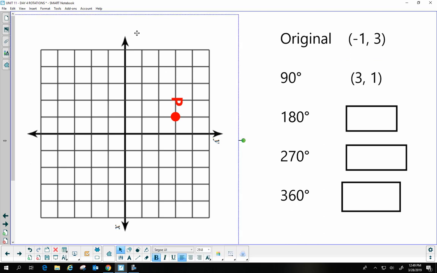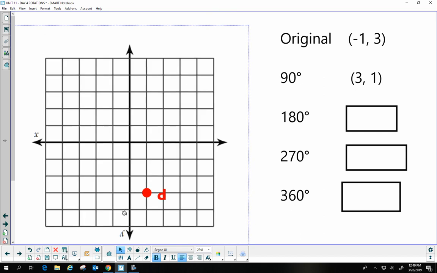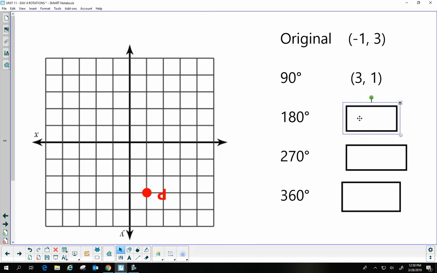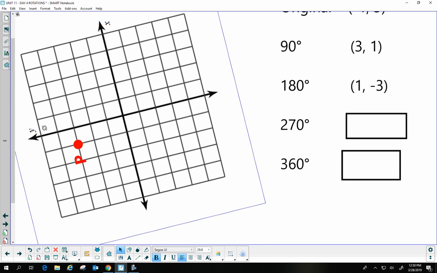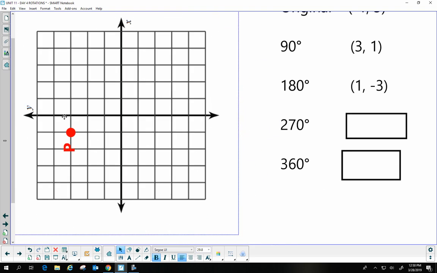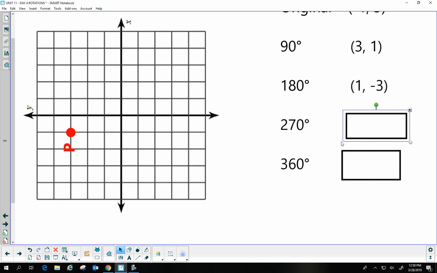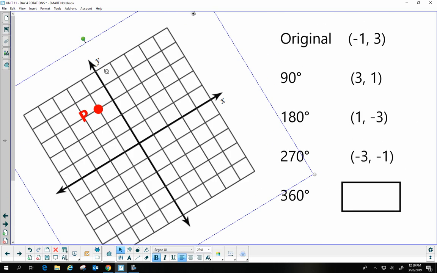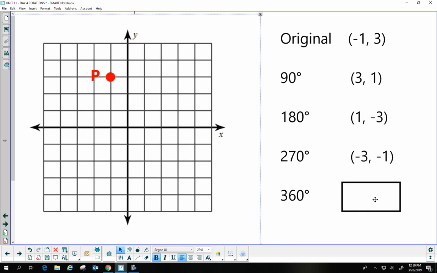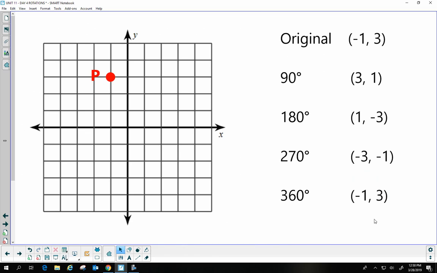If I want 180, I do it 90 degrees more, and I get coordinates of 1, -3. 270 degrees is 90 degrees more than that. My coordinates are -3, -1. And then, of course, 360 means my point just went right back to where it was. It's -1, 3.